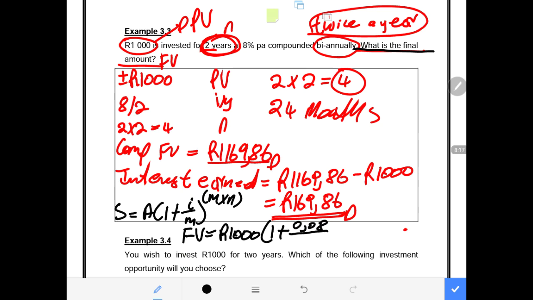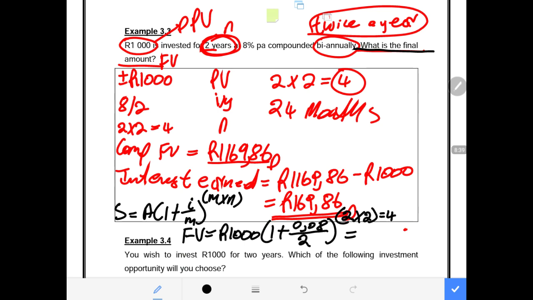How often is the interest compounded in a year? It is compounded biannually. Biannually means half a year, meaning 2 times a year. So we divide by 2. Close our brackets to the power of m times n, which is 2 times 2. That means here you can just put the number 4 and do the workings on the side.